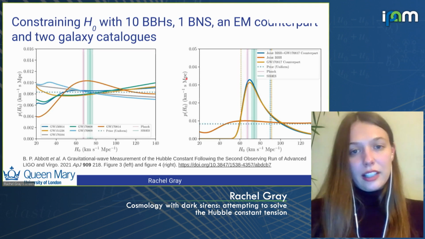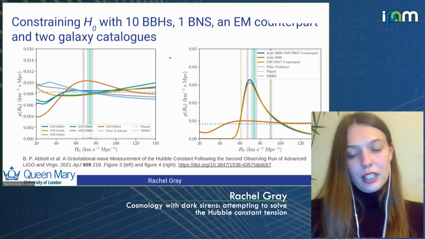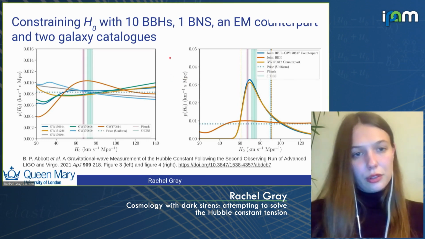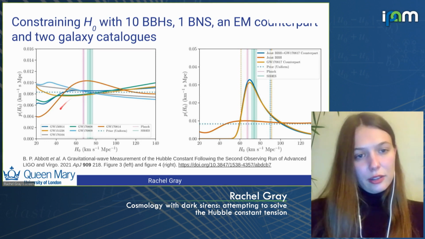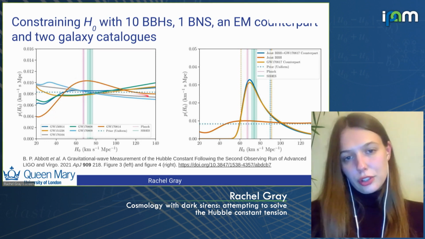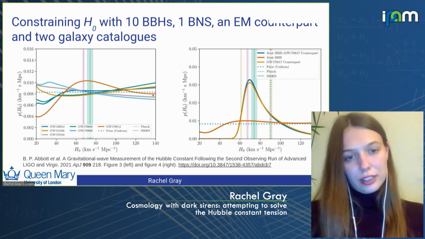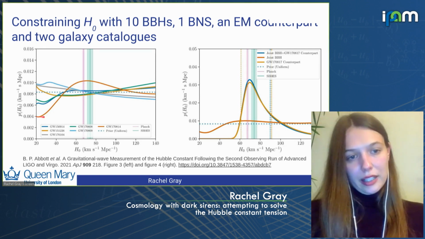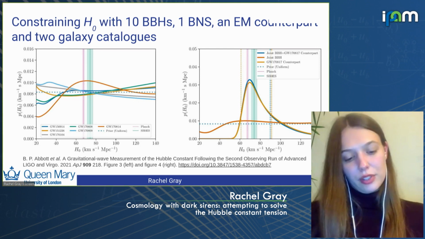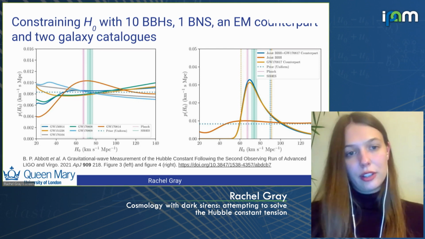And if you actually look at the results from LIGO and Virgo's O2 cosmology paper, that's effectively what you see. So here on the left are the individual contributions from each event, the individual likelihoods, where this curve here corresponds to GW170814, which was the binary black hole that used the DES catalog, the most complete catalog.